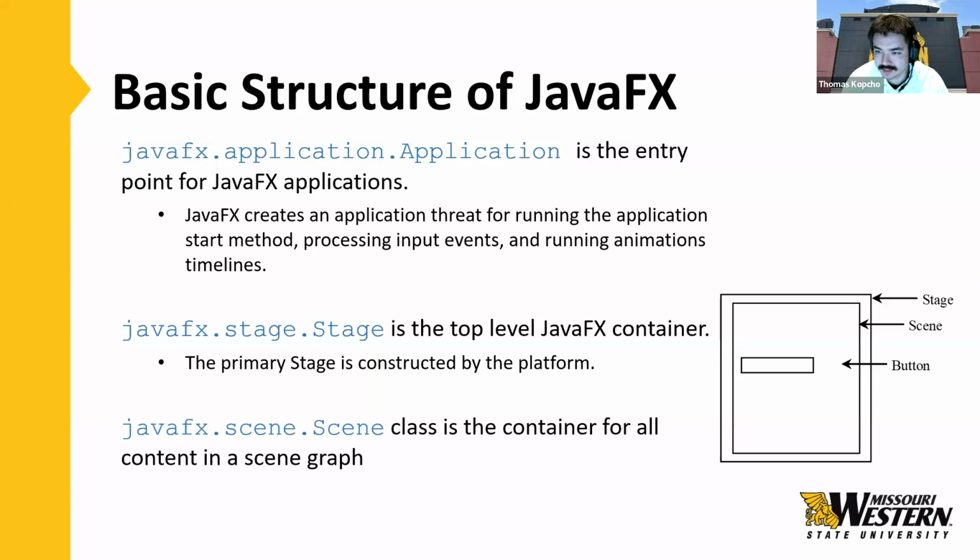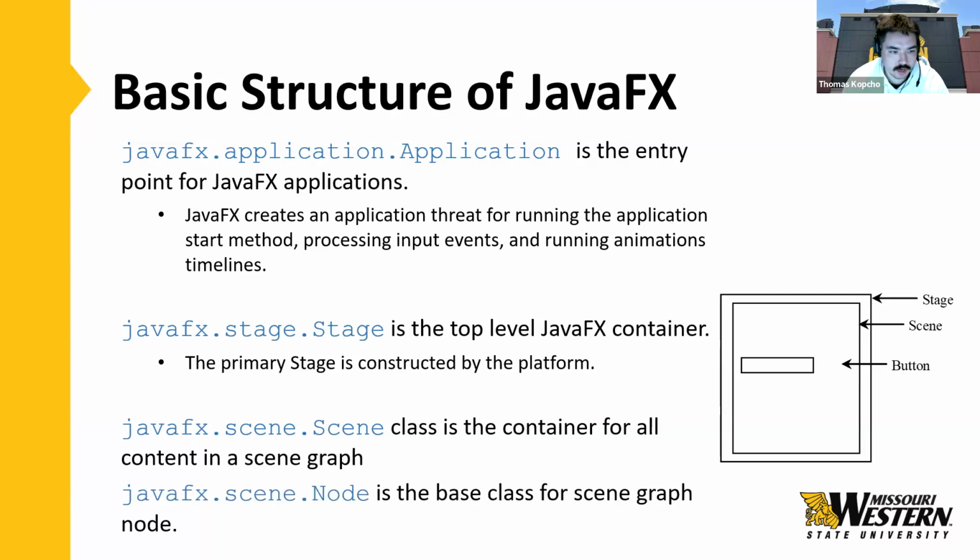So to display anything in the stage, we must attach a scene to it. Okay. And I'll show you that in a little bit. Okay. And then the javafx.scene.Node is the base class for scene graph nodes. Okay. So it's the base class from which every visible item in the scene extends, like controls like buttons, shapes, text, containers, whatever you want.